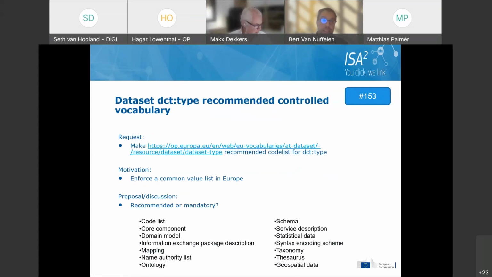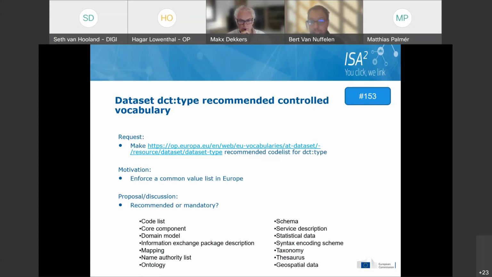Then connected with that, there's a proposal of a code list, and we have the dataset type from the Publications Office, and we still want to make this a kind of recommended code list, so that at least if we use this DCT type for a dataset, we have a value that we can align on.